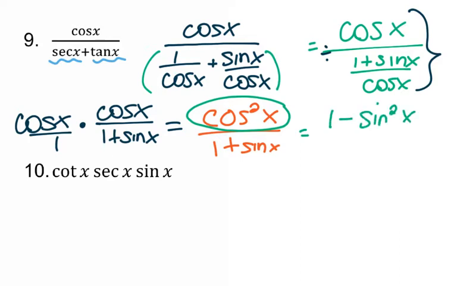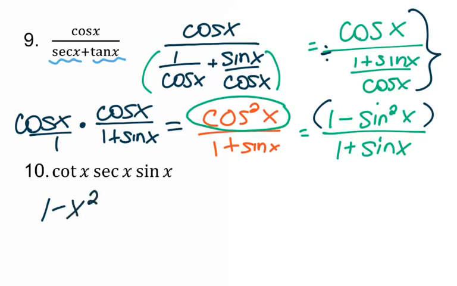Now, at this point, I can't cancel out any terms. However, I can go ahead and factor the numerator. So when I see something like this, I think about how would I factor this algebraic expression, 1 minus x squared, and I see, oh, that's the difference of 2 squares. And that's exactly what we're going to do in our situation. This 1 and sine squared x, that's the difference of 2 squares.